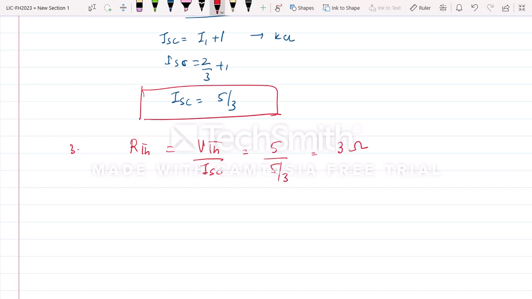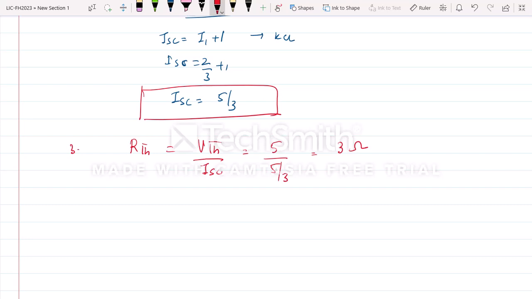RTH is VTH upon ISC, ISC is 5 by 3 and VTH is 5, so RTH is 3 ohms.